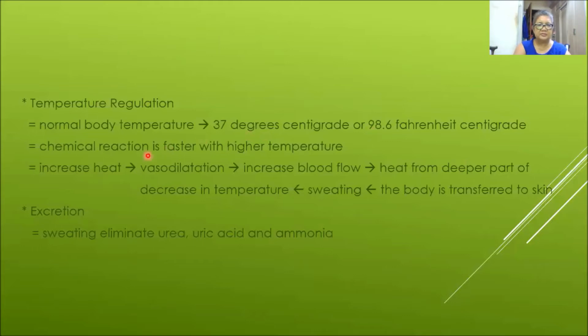Any increase in heat will cause vasodilatation, or the increase in the lumen or the opening of your blood vessel. Because of the dilatation, or the increase in the size of the lumen, there will be an increased blood flow. Now, with the increased blood flow, heat from the deeper part of the body is transferred to the skin. So this will generate sweating, and when you sweat, there is now a decrease in temperature.